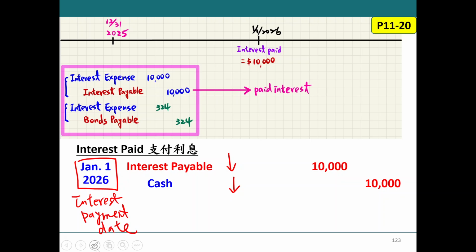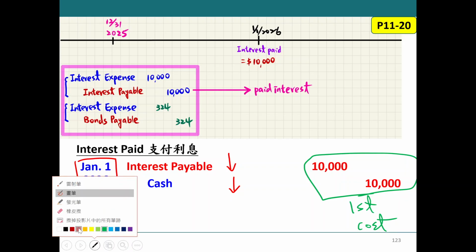Okay, you just pay the money for first cost. We don't pay second cost. Why? Because second cost you are going to pay at the maturity date. Okay, so not today, not each period.